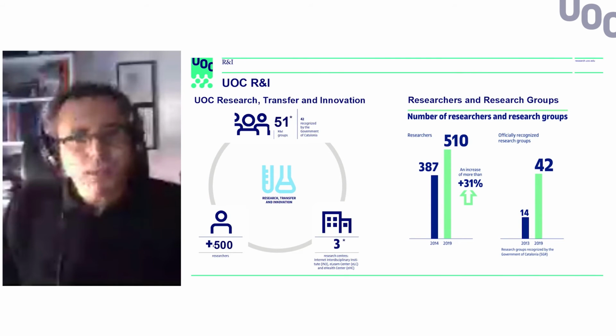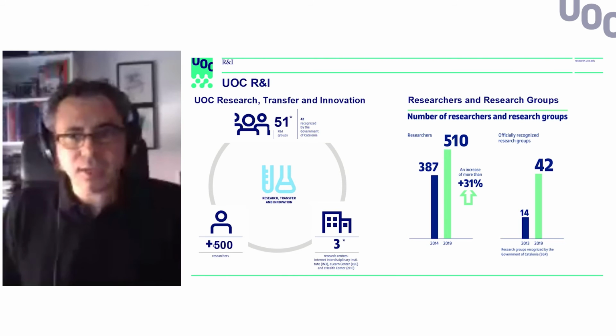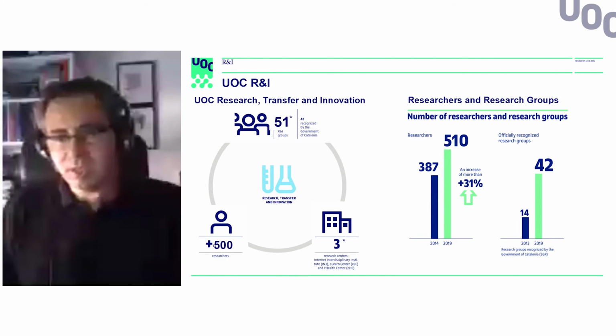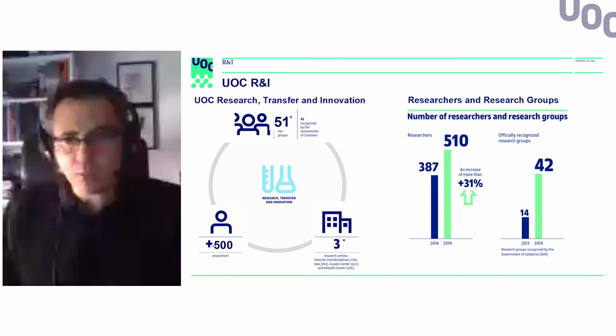And here we have some figures on what research is right now, last year at the UOC. As you can see, there are 51 research groups, 42 of them recognized by the regional government with the SGR mark, which is a high quality mark. They include more than 500 researchers distributed across these groups, the two research centers, and the innovation center.